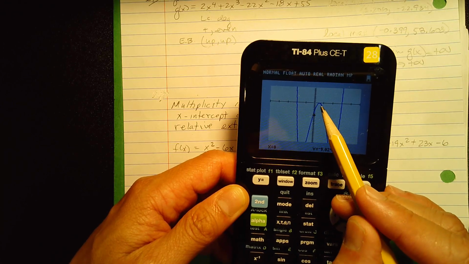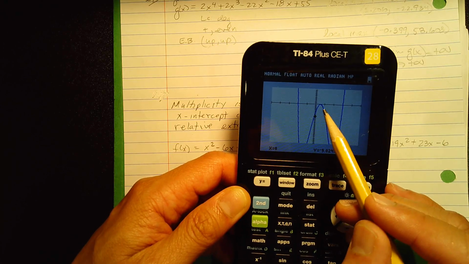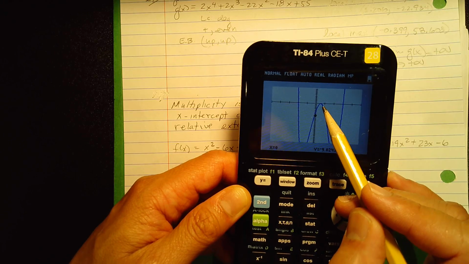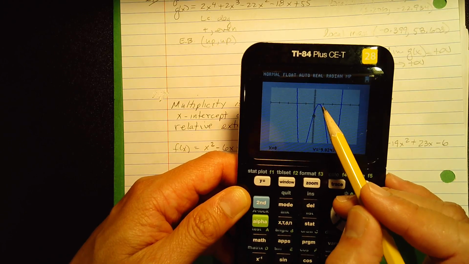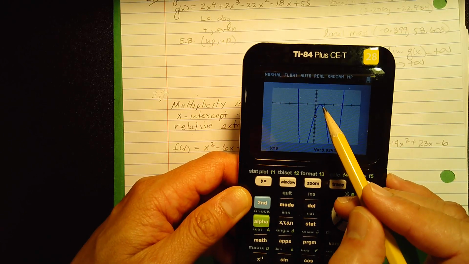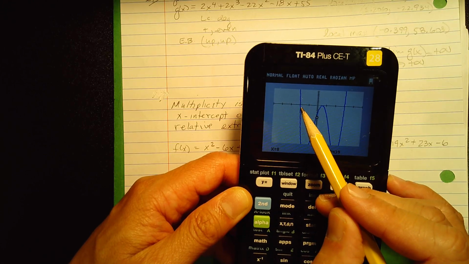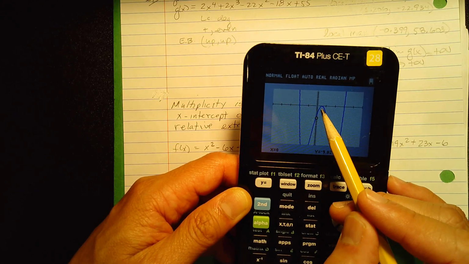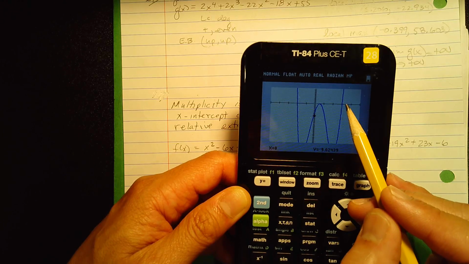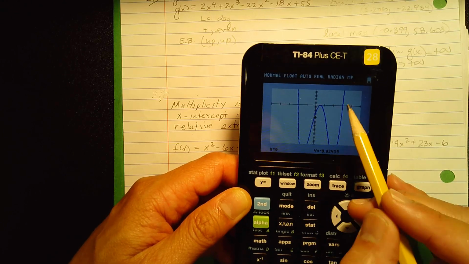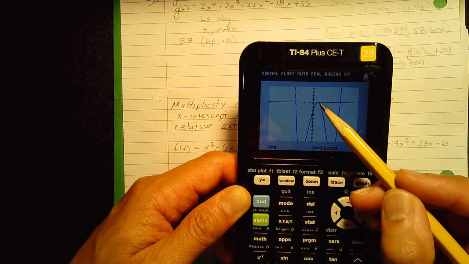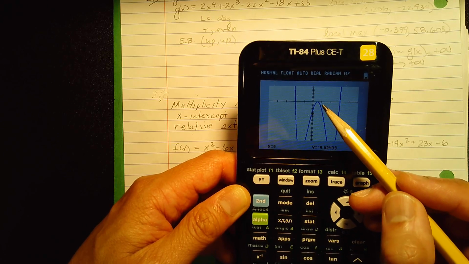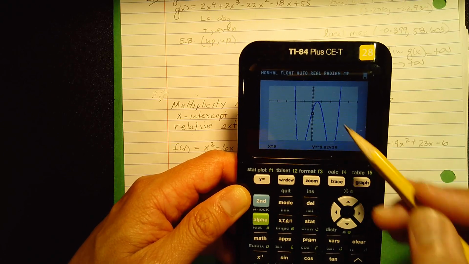So if the local extrema is an x-intercept, that means this repeats twice. So x equals negative 2, x equals 0.5, x equals 0.5, and x equals 3. So there are 4 solutions here, but this has a multiplicity of 2, meaning it repeats twice.